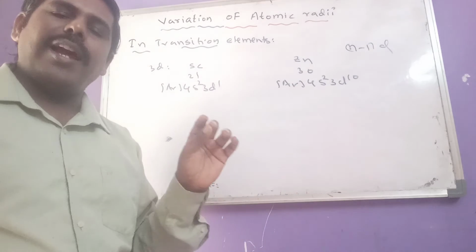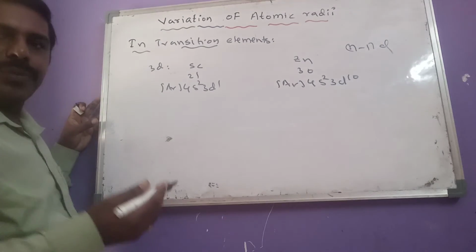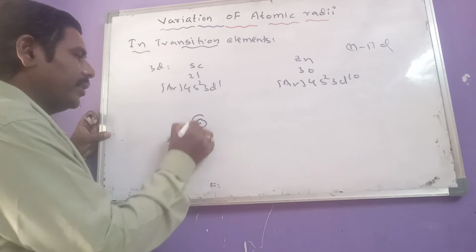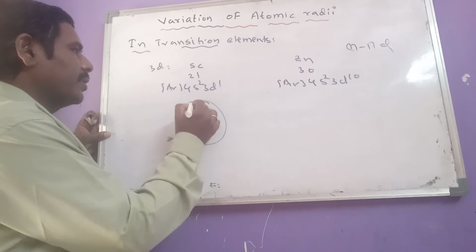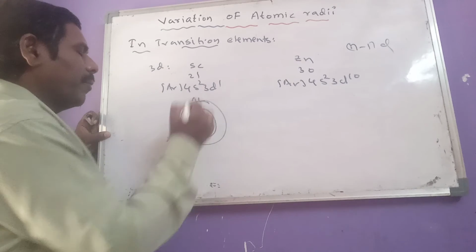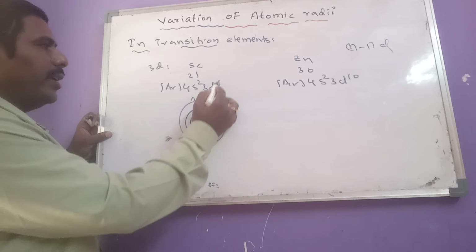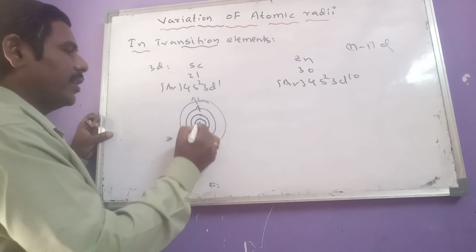Why did it happen like this? Let us see the reason. If you consider scandium, a total of 4 orbits are present. In the outer orbit 2 electrons are there, 4s2, but in the 3D subshell only 1 electron is there.